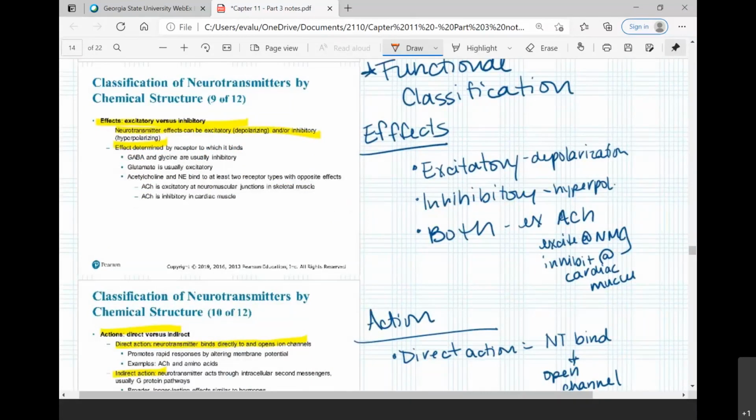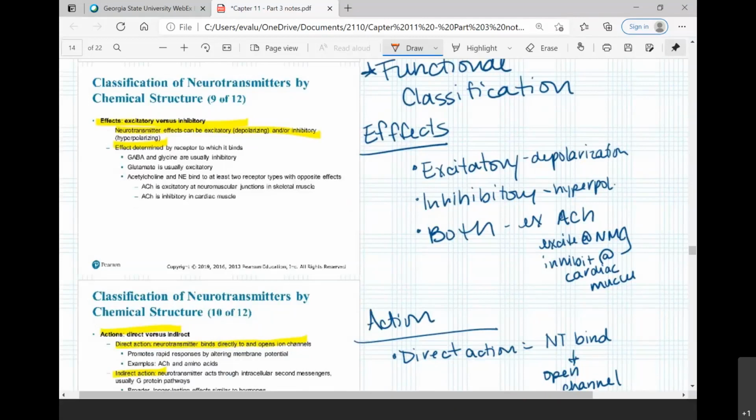Some neurotransmitters are going to be one or the other. Some neurotransmitters have both effects. So for example, acetylcholine, ACH. We know that it is excitatory. It causes depolarization in the neuromuscular junction. It turns on a muscle contraction.